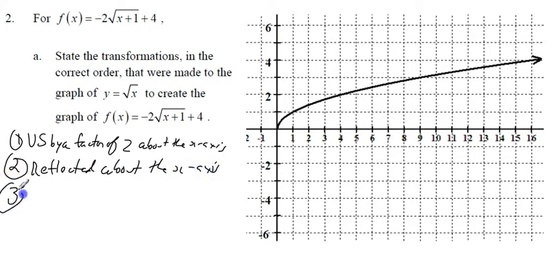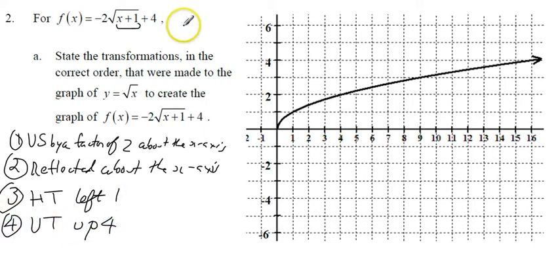Number 3, we have a horizontal translation, left 1, and number 4, we have a vertical translation, up 4.